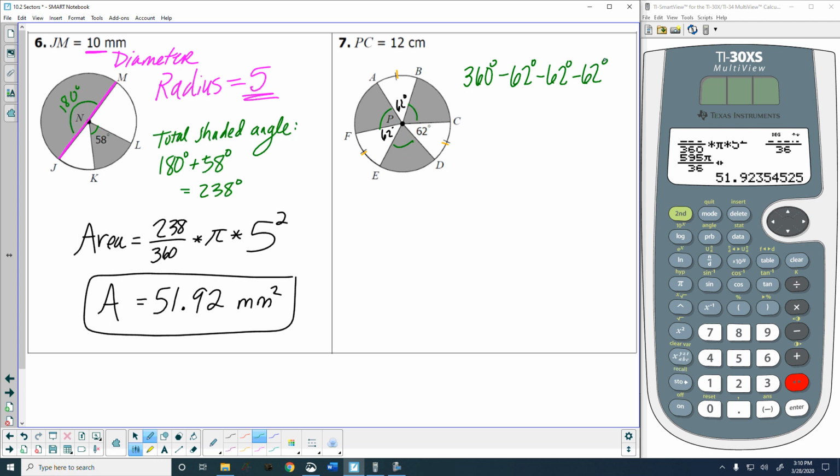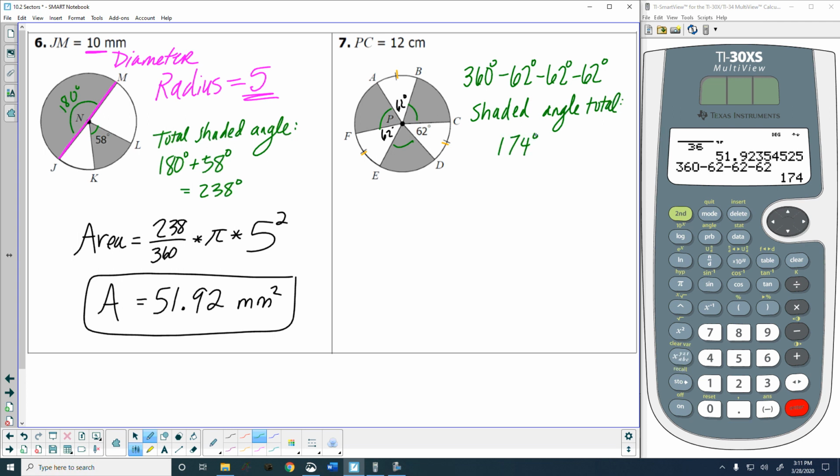We want to take away those white angles that are not shaded. So we're going to subtract to get our shaded portion. So the shaded angle total is 174 degrees.